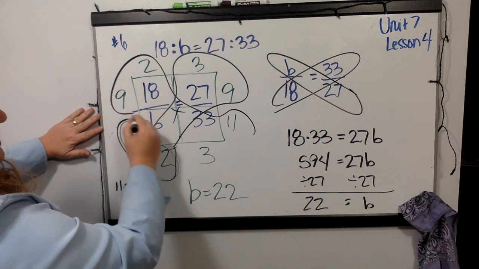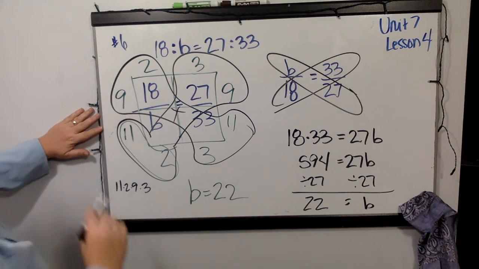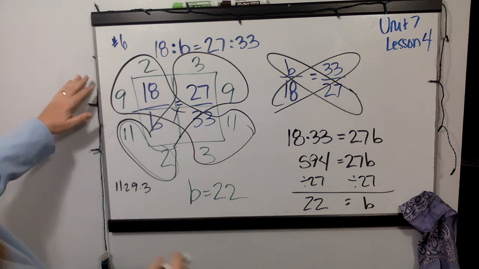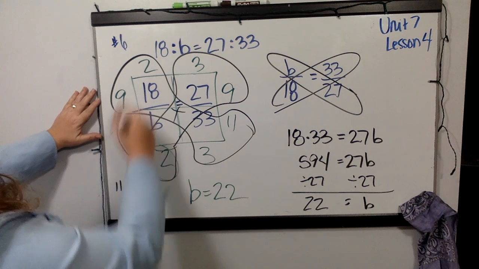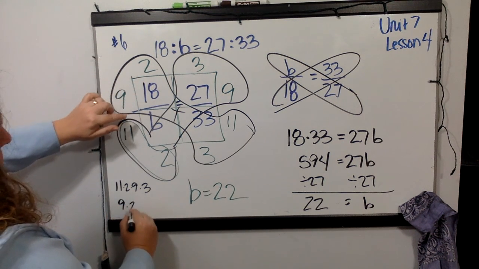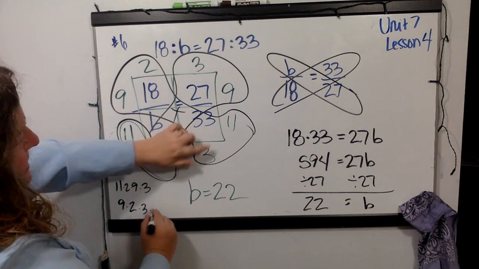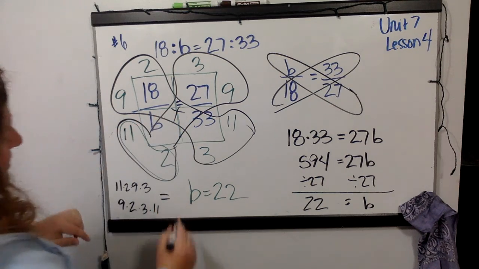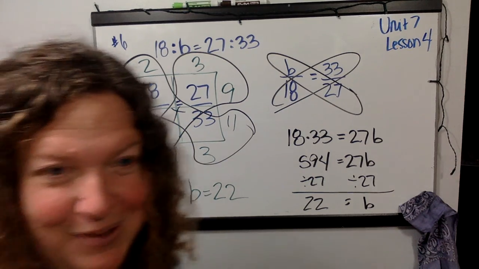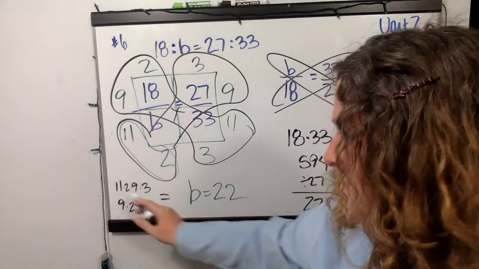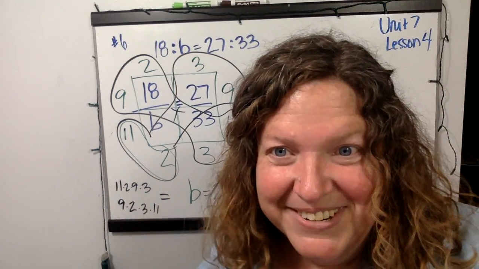Also, it's kind of like two little bones there, doggy bones or something. Look at this, 9 times 2 times 3 times 11. We never saw why that made sense. Why those numbers, those factors, are exactly the same.